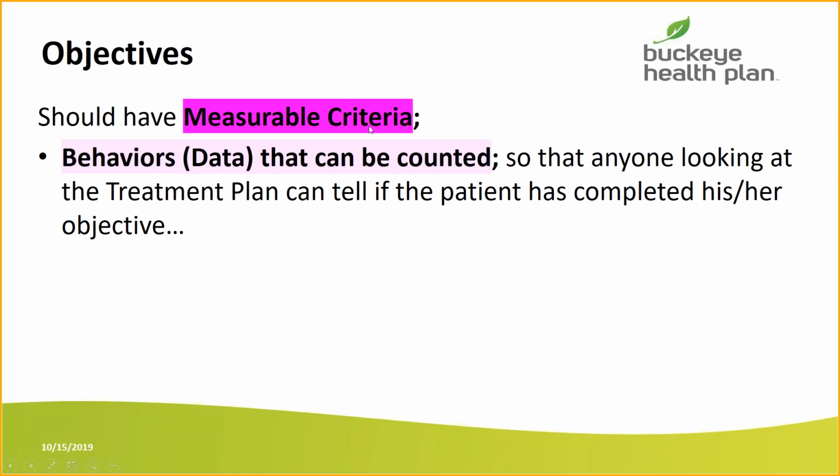So objectives should have measurable criteria. Here is that magenta colored word again. And measurable criteria are behaviors, data, if you will, that can be counted so that anybody looking at the treatment plan can tell if the patient has completed his or her objective.